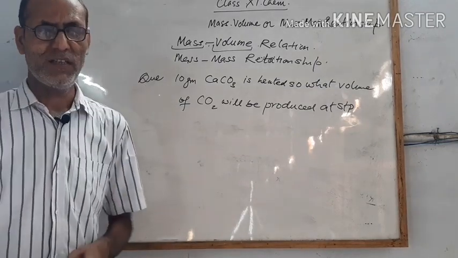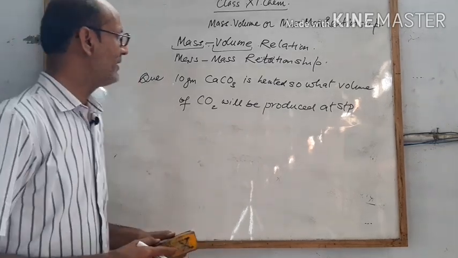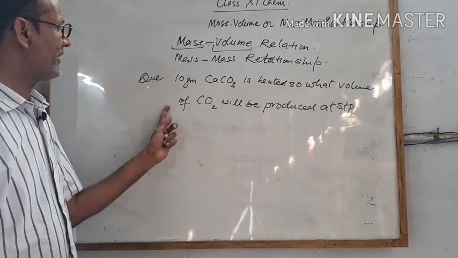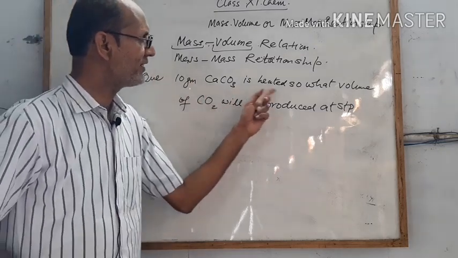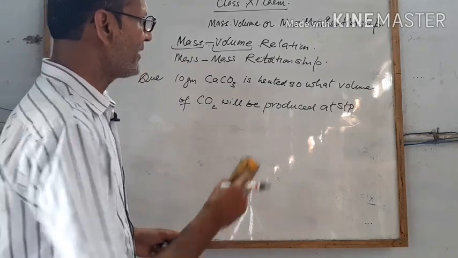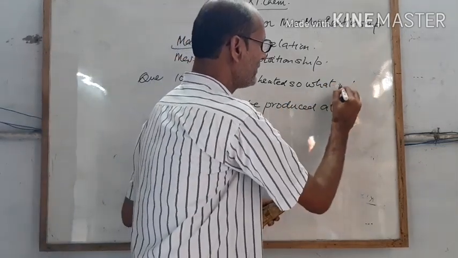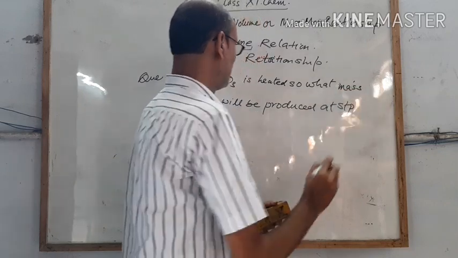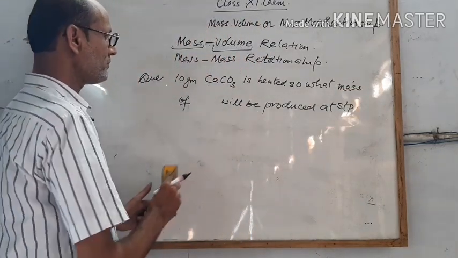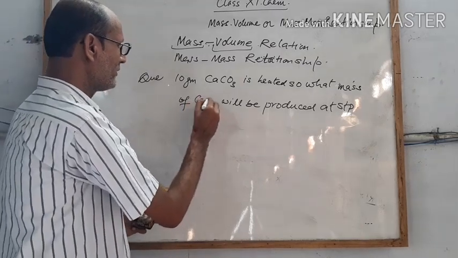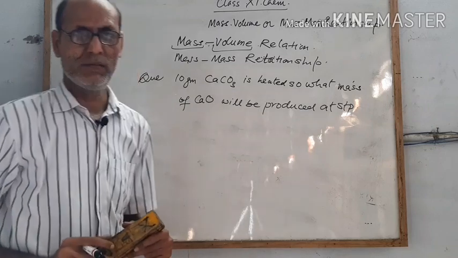I am changing the question here: 10 gram of CaCO3 is heated, so what mass of CaO will be produced at STP?